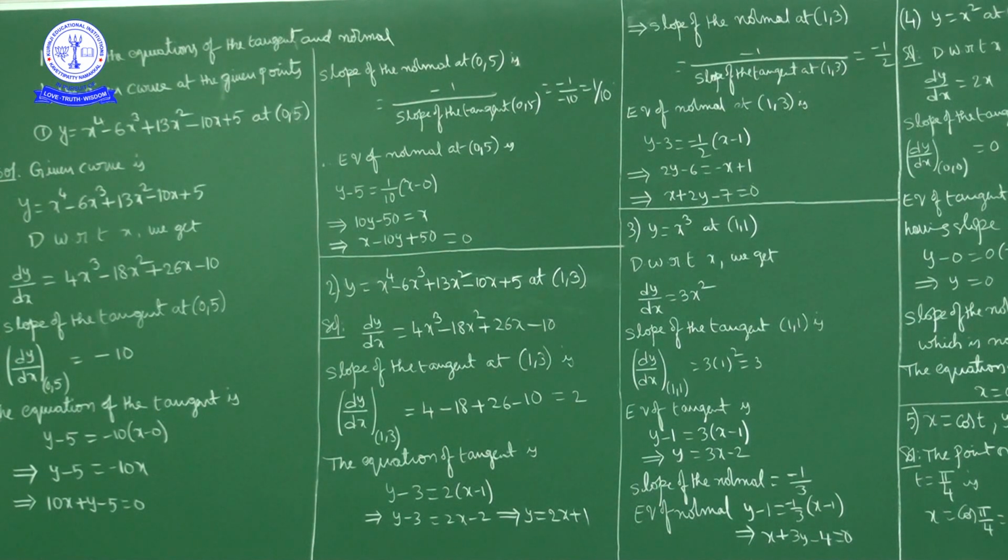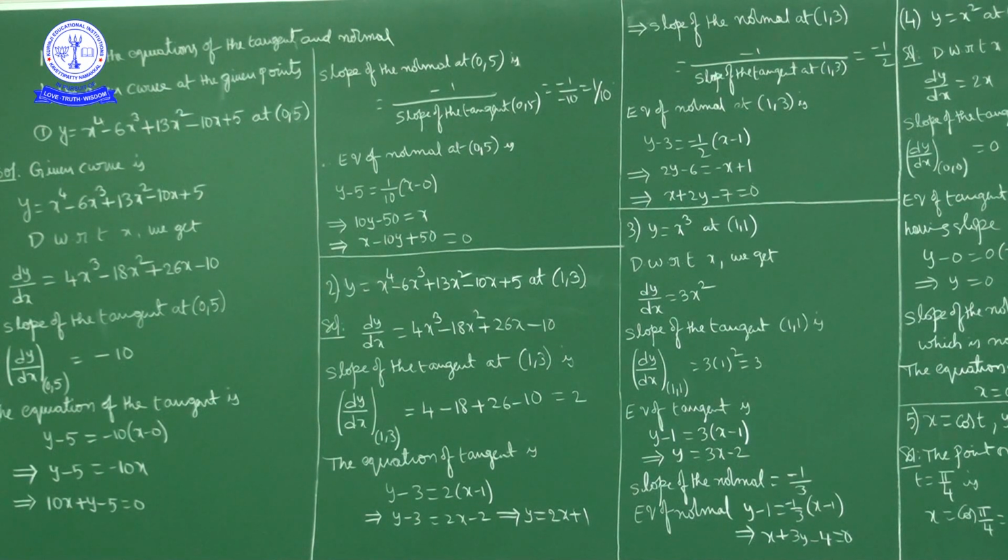Now the first one: the given curve is y equal to x^4 minus 6x^3 plus 13x^2 minus 10x plus 5 at the point (0, 5).